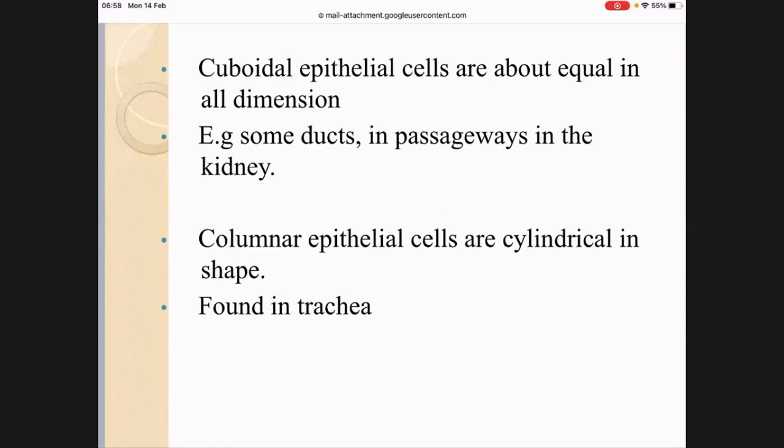There are various stains. H&E, hematoxylin and eosin, is what we commonly use to study these tissues, internal organs, and internal parts of the cell. Van Gieson is used especially to study connective tissue. There are fibers, collagen, elastin, different types of fibers. To study those, we use Van Gieson, Ziehl-Neelsen.